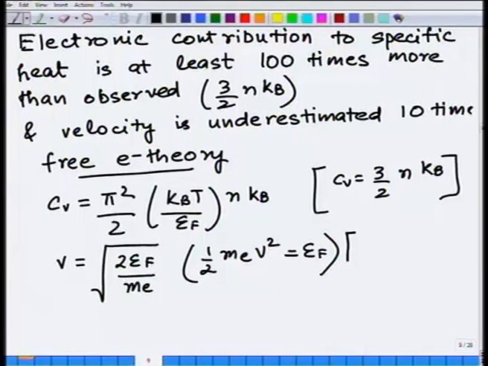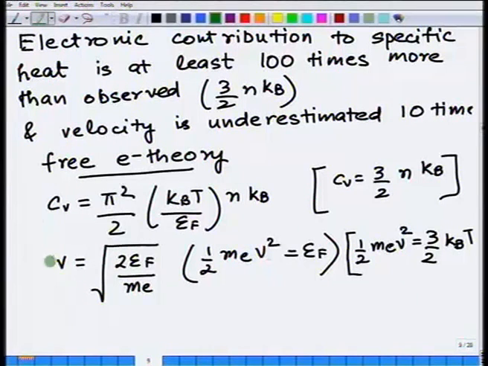If you equate that to the Fermi energy, then you estimate the velocity to be like this. Remember, in classical theory we had estimated this as 3/2 k_B T, and we had underestimated this velocity 10 times. So now this velocity estimate is 10^8 centimeters per second, as we derived in free electron theory earlier.